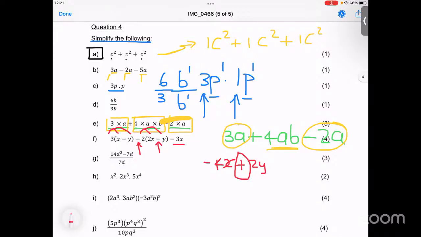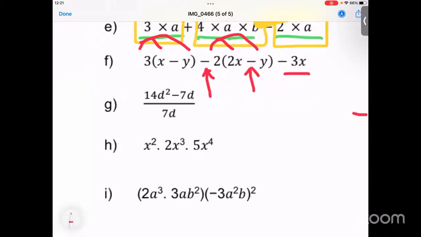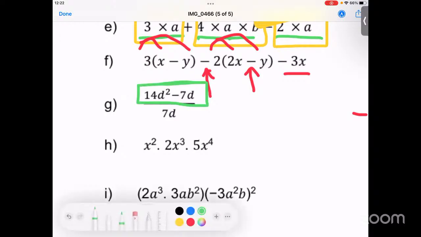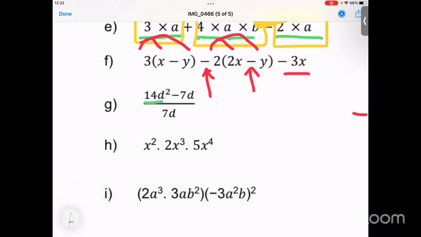And then when it comes to this one, let's see. Here, you need to be careful to say, if I have 2 terms there, can I not take out something as a common factor? Out of 14, can you not take out something?